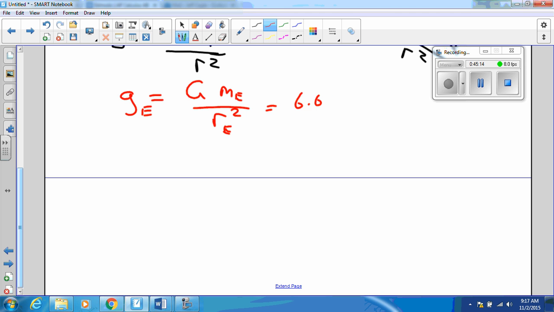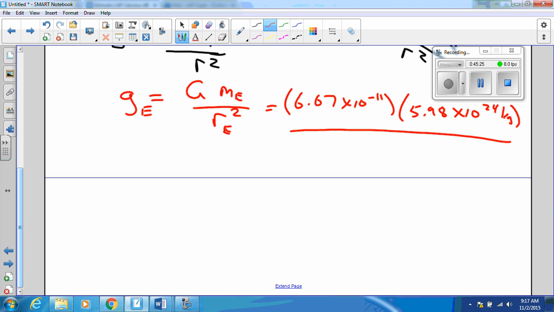And looking up those numbers on Google or in the back of the book, we get 6.67 times 10 to the minus 11, 5.98 times 10 to the 24th kilograms, divided by the square of the radius of the Earth. The radius of the Earth is 6 times 10 to the 6th meters, but I need a more precise number here: 6.38 times 10 to the 6th meters, squared.